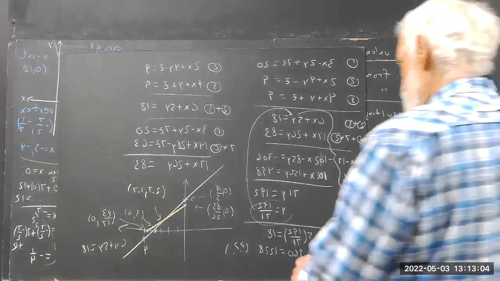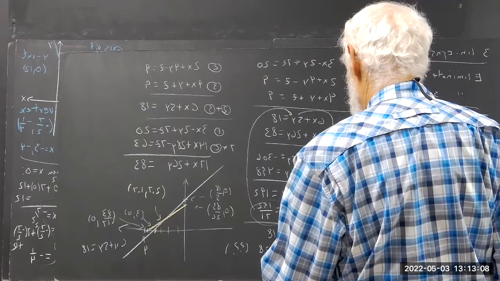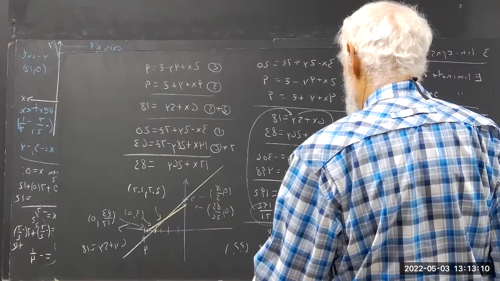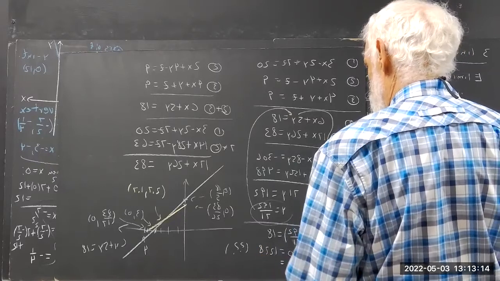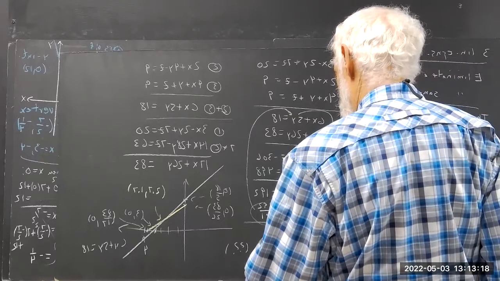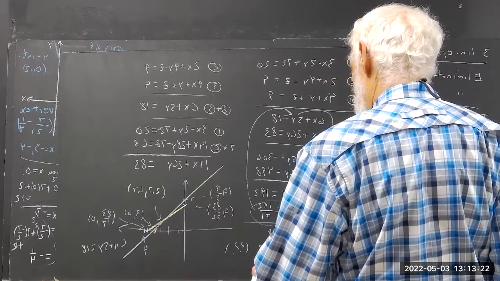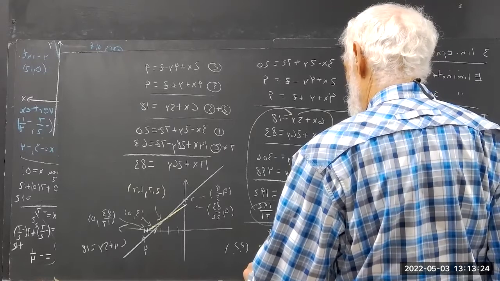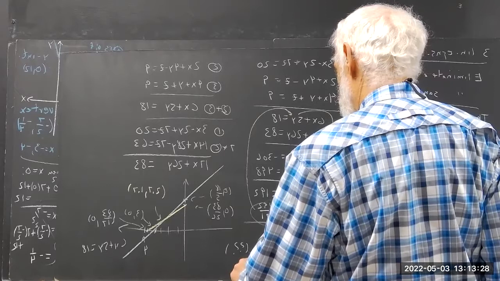Okay. So that 426x would equal this minus this. And this minus this is like 228. So x would be 228 over 426.